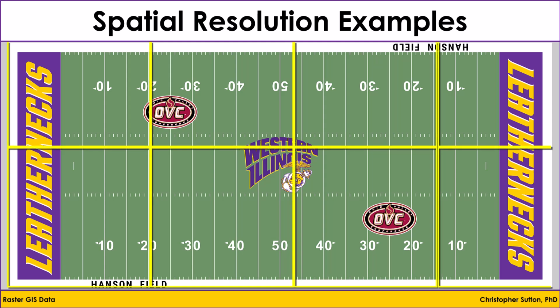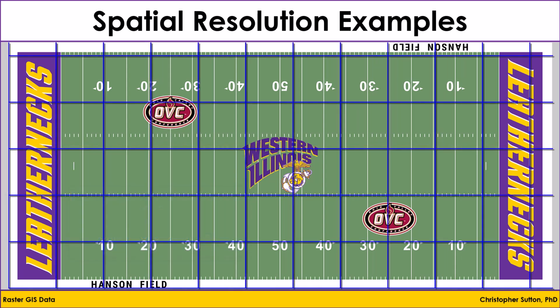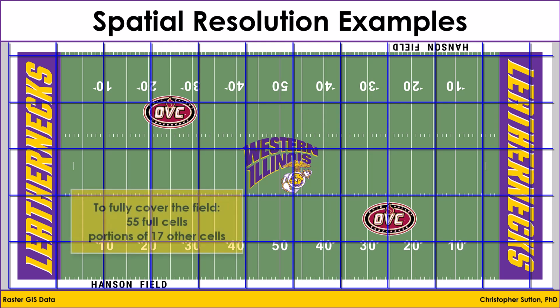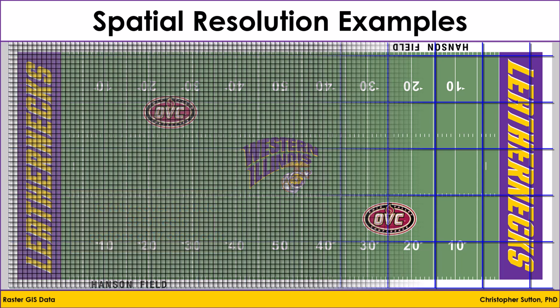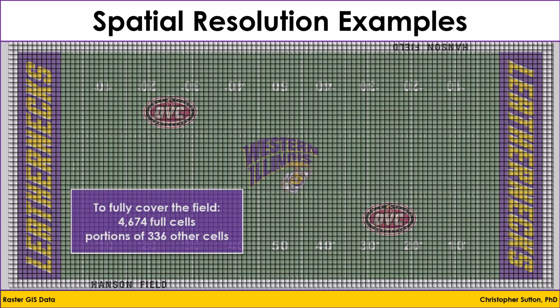Using 30-meter resolution, fully covering the field requires 3 full cells and portions of 5 other cells. Using 10-meter resolution, fully covering the field requires 55 full cells and parts of 17 other cells. At 1 meter resolution, fully covering the field requires 4,674 full cells and parts of 336 other cells.